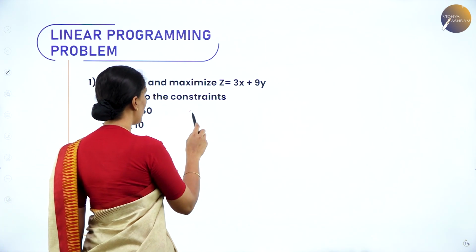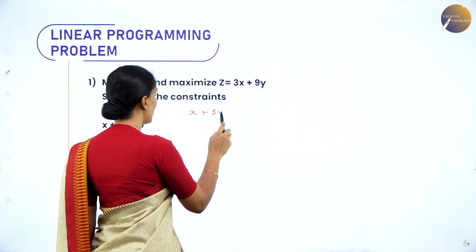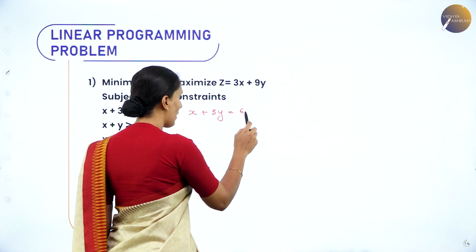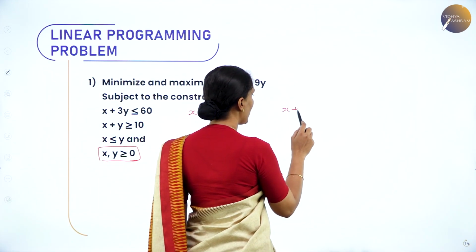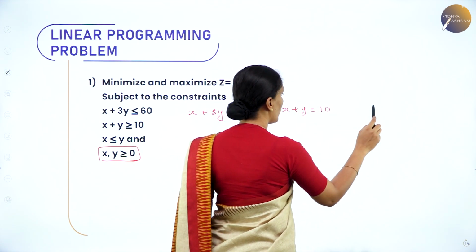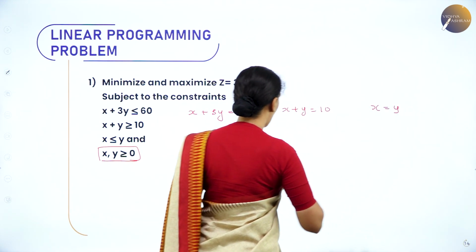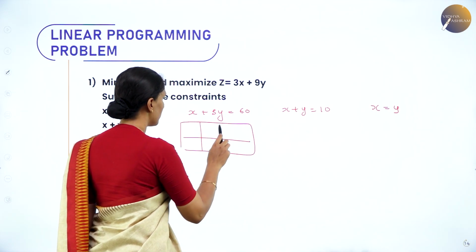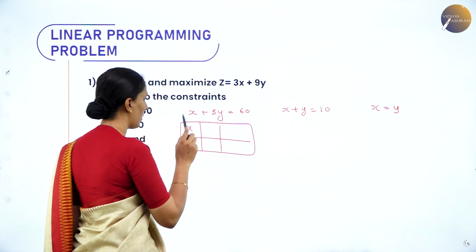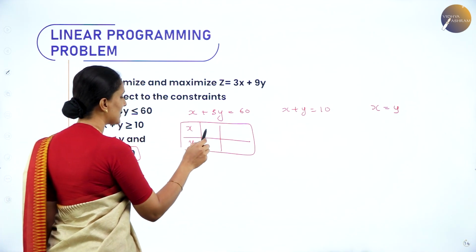We have three linear inequalities. Let's take x plus 3y equals 60 while graphing this. Next, x plus y equals 10. Next, x equals y. Now, I'll use x as 0.